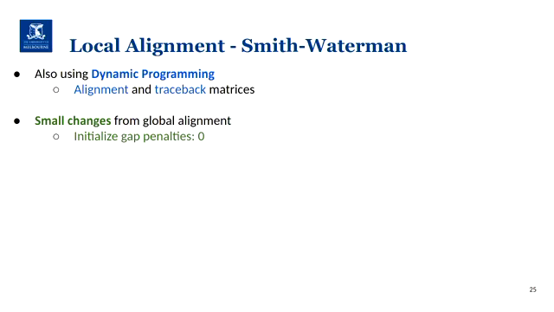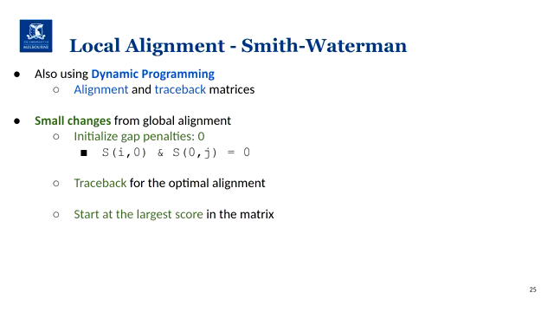That's a way to allow alignments of sequences of different sizes. So the first line, first column will be set to 0. Okay? And the other thing is that the traceback for finding the optimal alignment won't start on the bottom right corner. We actually are going to start from the largest score in the matrix, which will then render our best local alignment. And that's pretty much it.